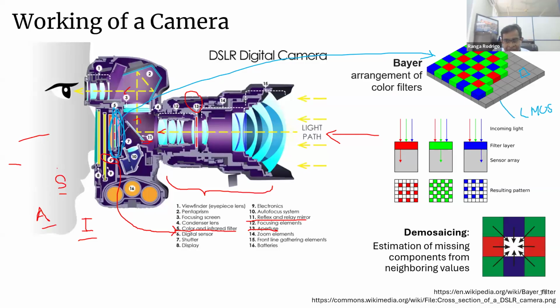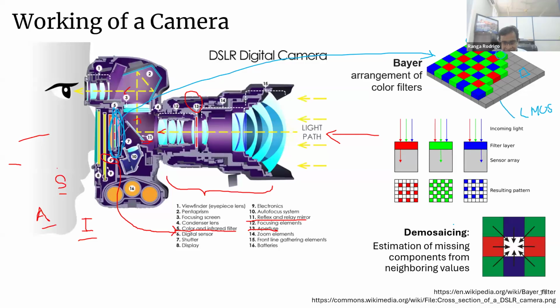These are filters. So this will allow only red light to pass. This will allow only blue light to pass. This will allow only green light to pass. So that means in the CMOS sensor, some elements only receive red light, some elements only receive green light, some elements only receive blue light.